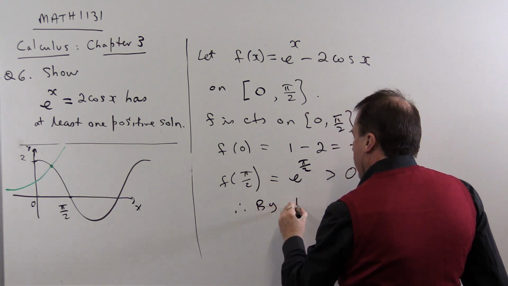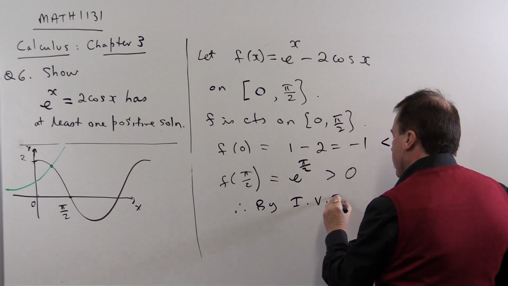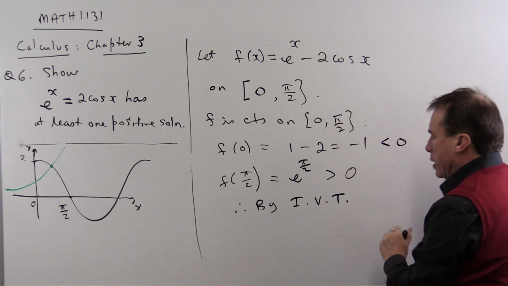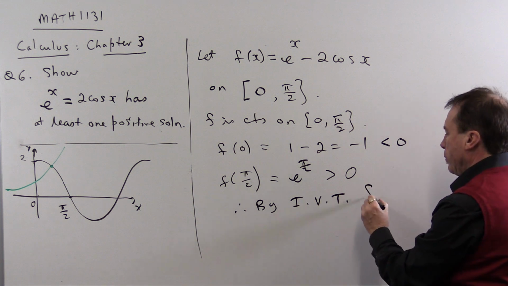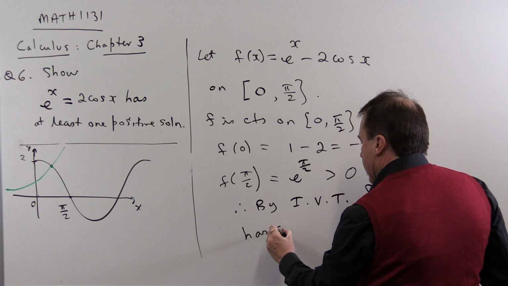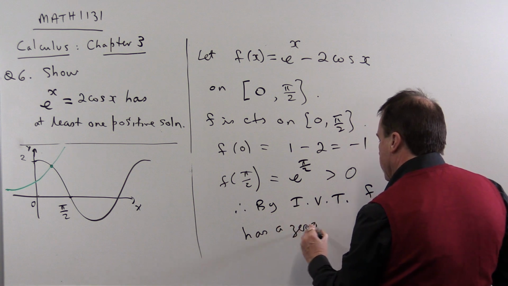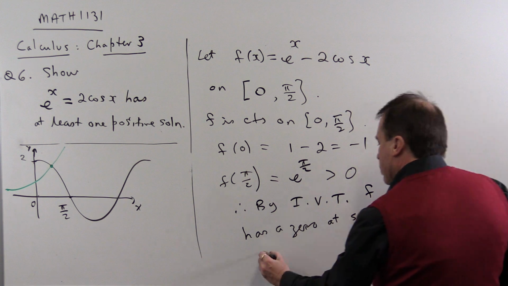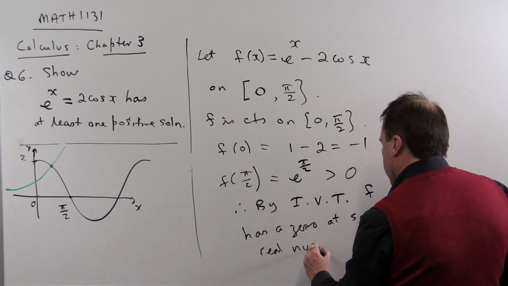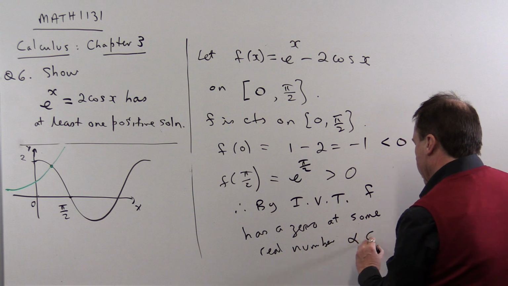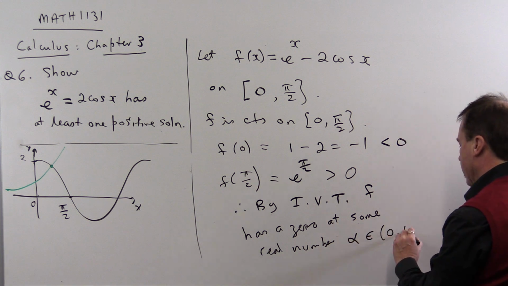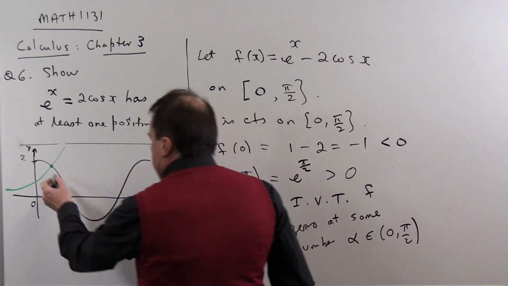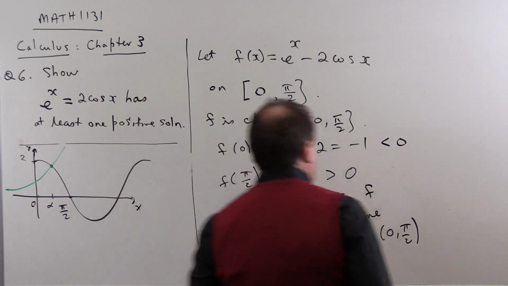So therefore, by the intermediate value theorem, you can abbreviate it as IVT, but you must mention it, f has a 0 at some real number alpha somewhere in the interval between 0 and pi on 2.